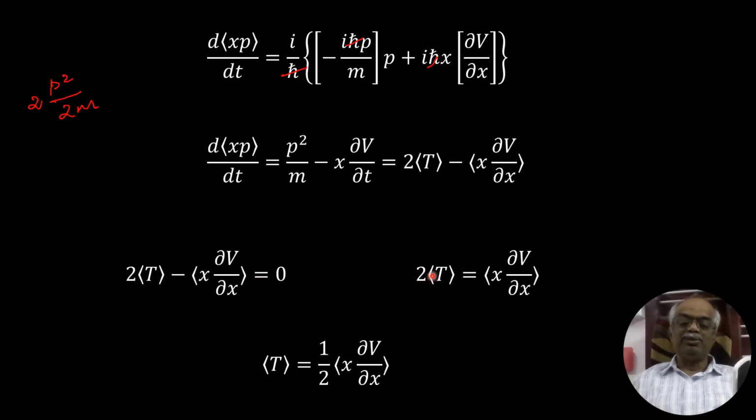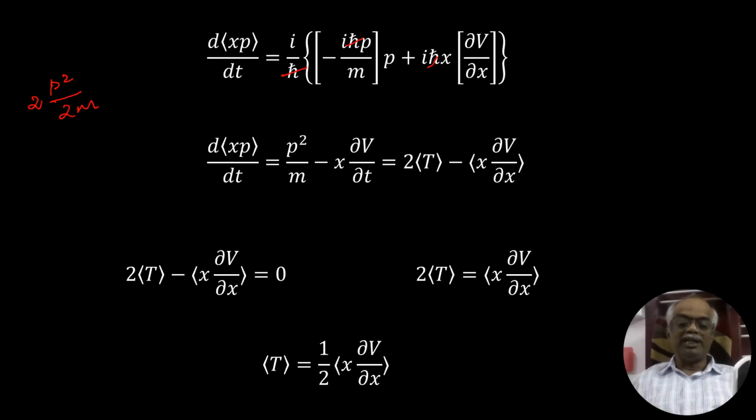That is, 2 times the expectation value of kinetic energy is equal to this one. Now you bring 2 to the other side. The expectation value of kinetic energy is 1 over 2 times the expectation value of x multiplied by the partial derivative of V with respect to x.